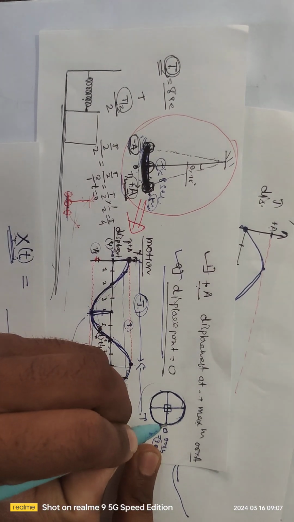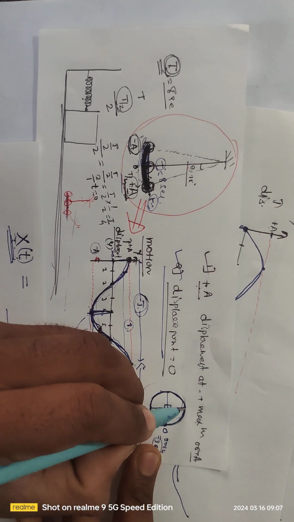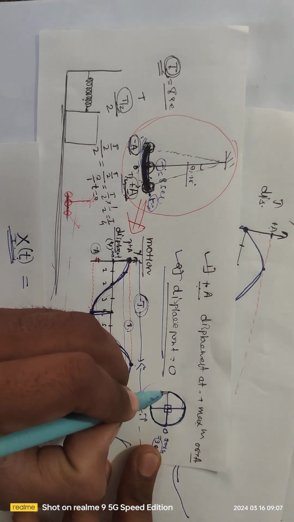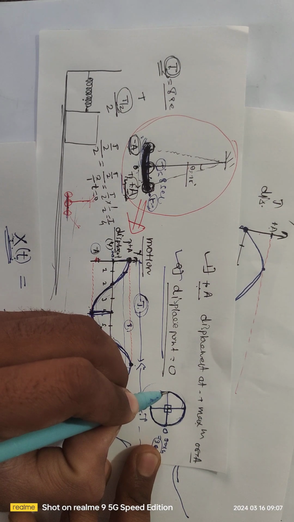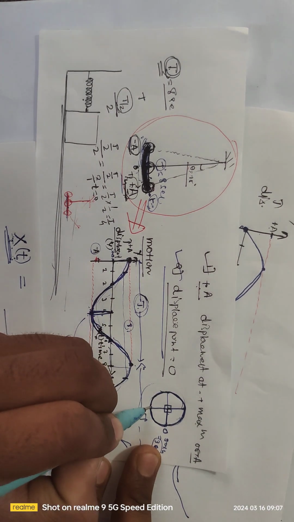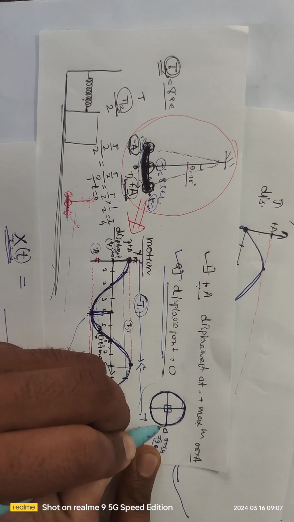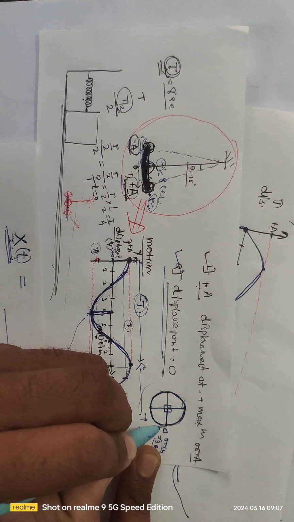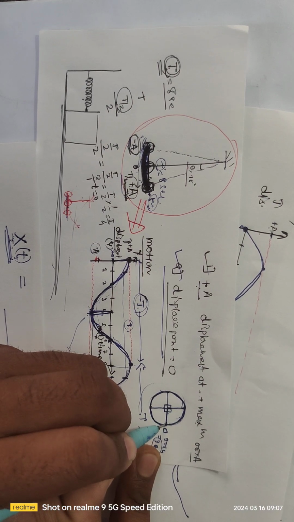From 0 to this position it is 90 degrees, then 180 degrees, 270 degrees and 360 degrees. 360 degrees means 0; it reaches its starting position.